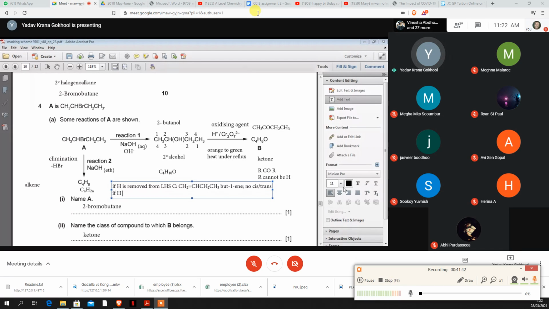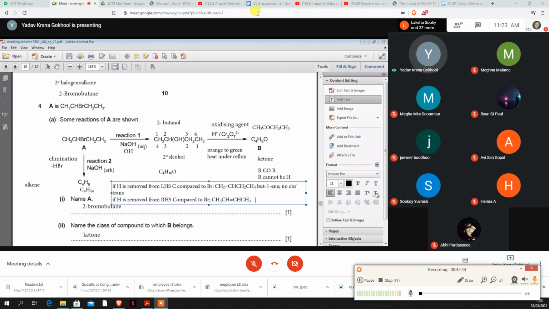If H is removed from the right hand side carbon, then I'll get CH3, CH double bond CH, CH3.